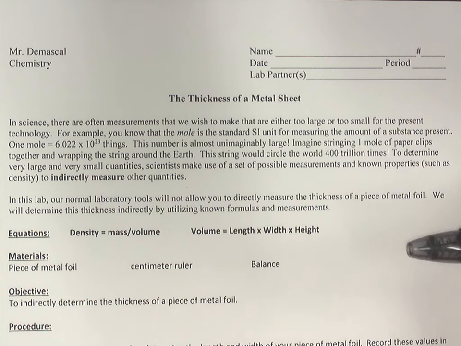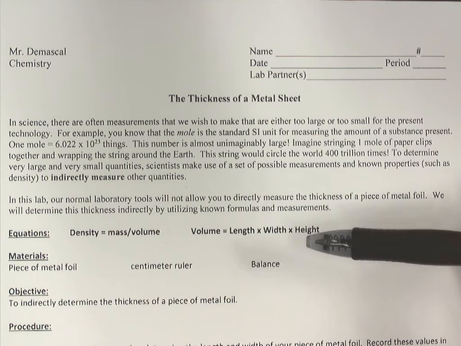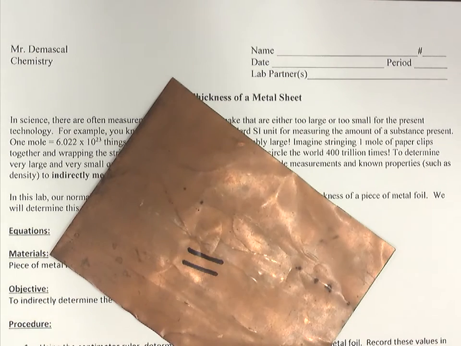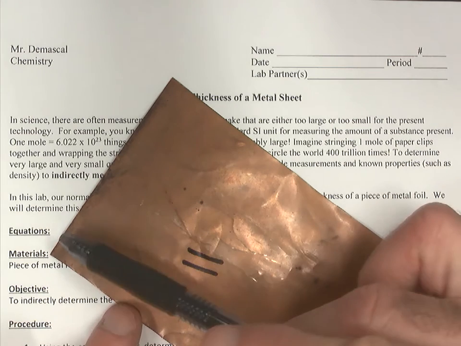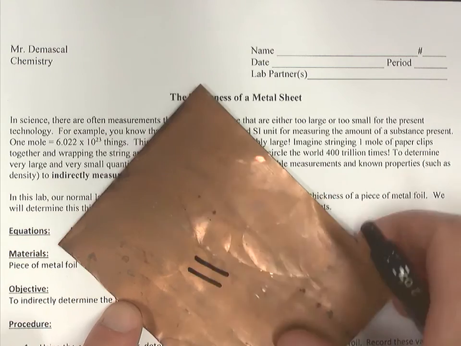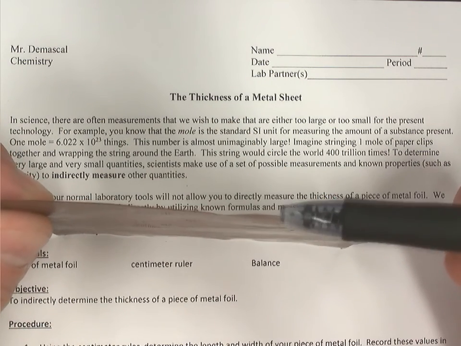And we can take density and the volume formula, because this sheet of foil is really a rectangular cube. We can easily see the length and the width. It's the height that's the unmeasurable piece.